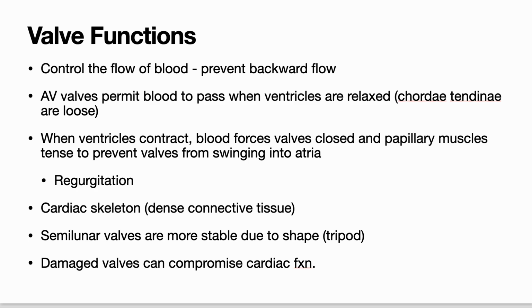When ventricles contract, the blood will force valves closed between the atria and the ventricle, and the papillary muscles will tense to prevent the valves from swinging into the atria, to keep them from going too far the other way. We don't want them to be swinging doors. And if they do, that's called regurgitation, and we can hear that when we listen to the heart.